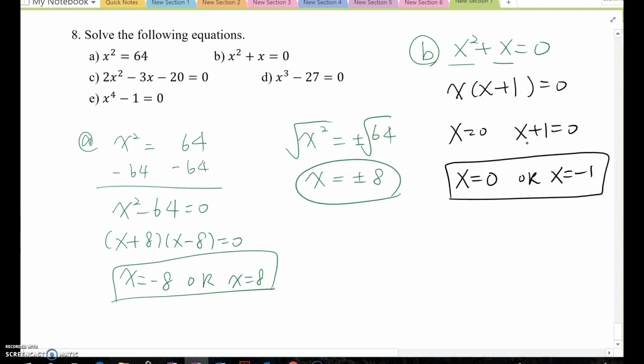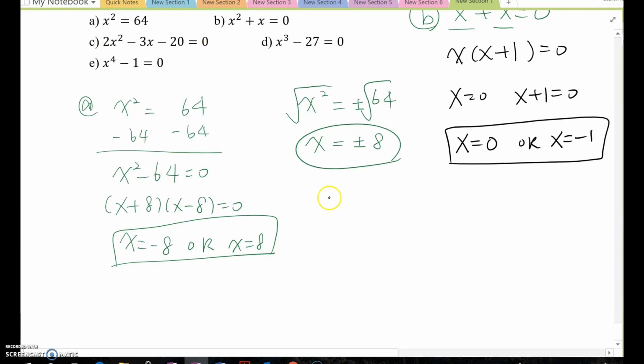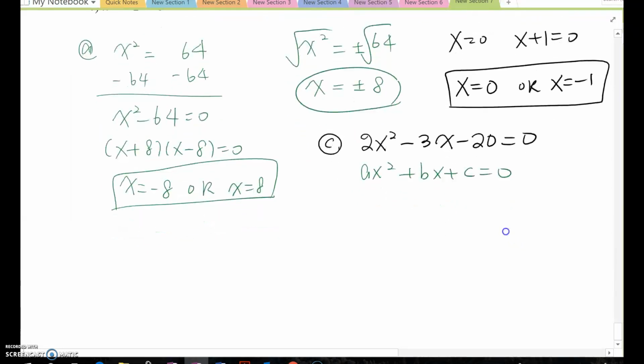Now, C is 2x squared minus 3x minus 20 equal to 0. Okay, as you see, this one has the form ax squared plus bx plus c equal to 0, right? So you have two different choices.